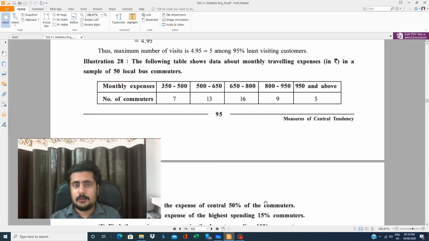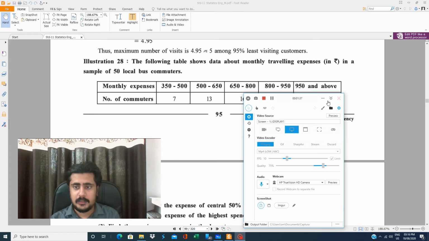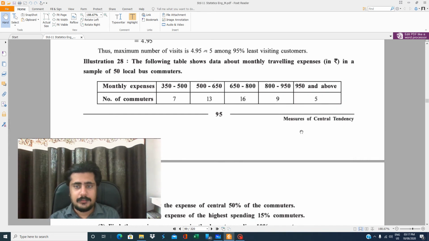The following table shows the data about monthly traveling expenses in a sample of 50 local bus commuters. Monthly expenses are 350 to 500, 500 to 650, 650 to 800, 800 to 950, 950 and above. Number of commuters are 7, 13, 16, 9, 5.